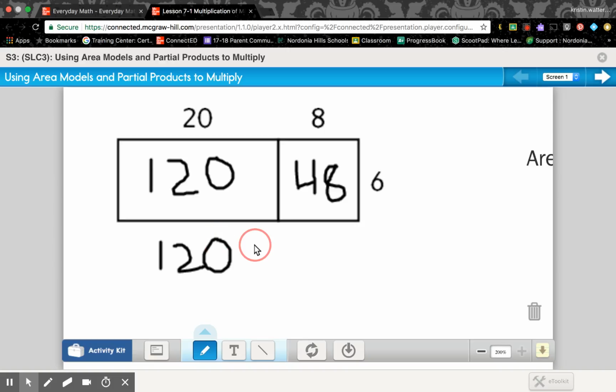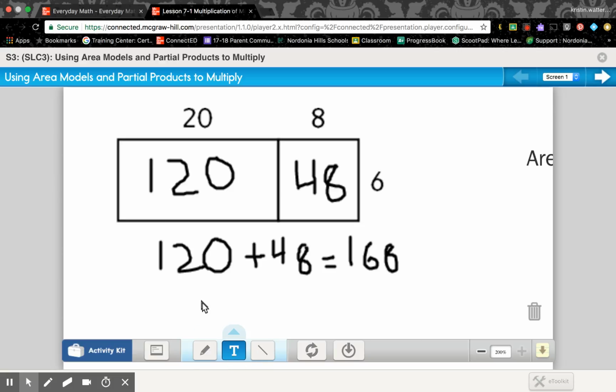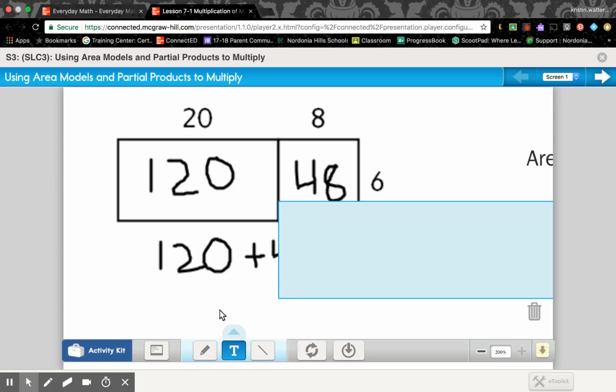So I have 120 plus 48, and that gives me 168. So we know that 28 times 6 equals 168.